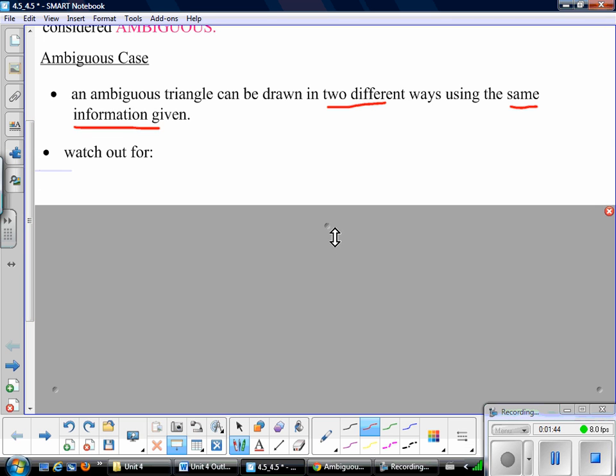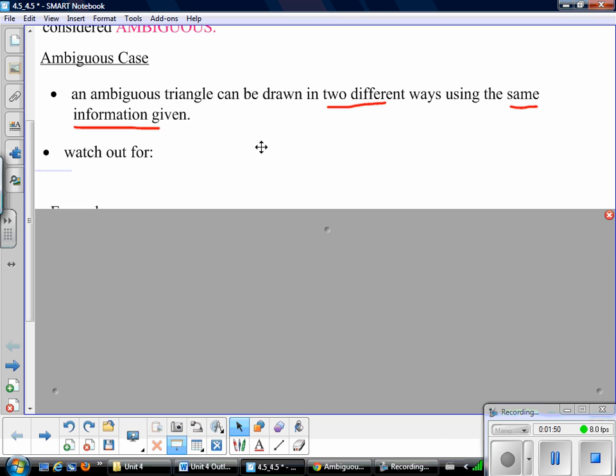So what we need to watch out for in an ambiguous case is, first of all, that we're using the sine law. Now why the sine law? Well, remember what we did yesterday: the ratio of sine is positive in both the first and second quadrants.